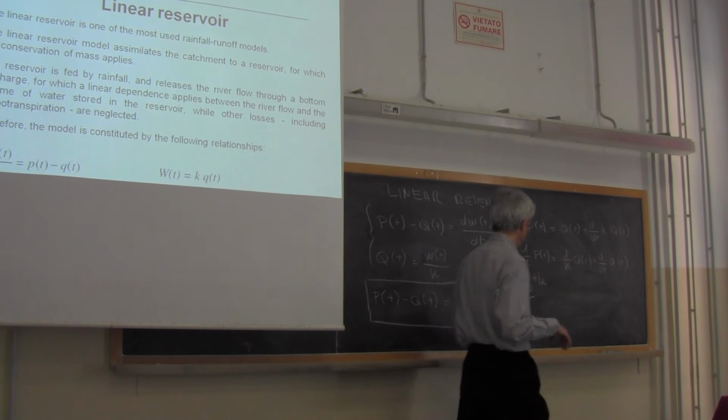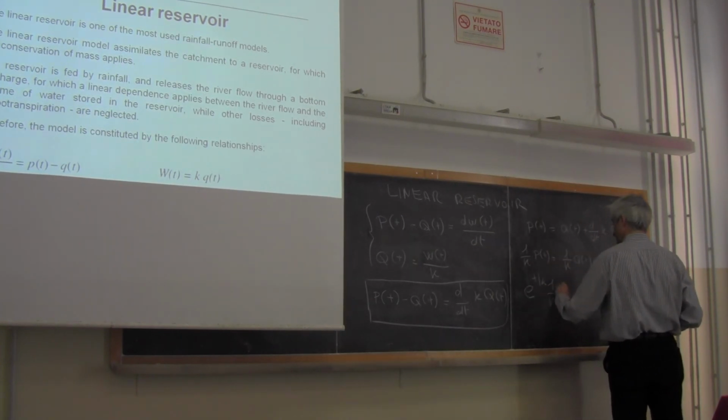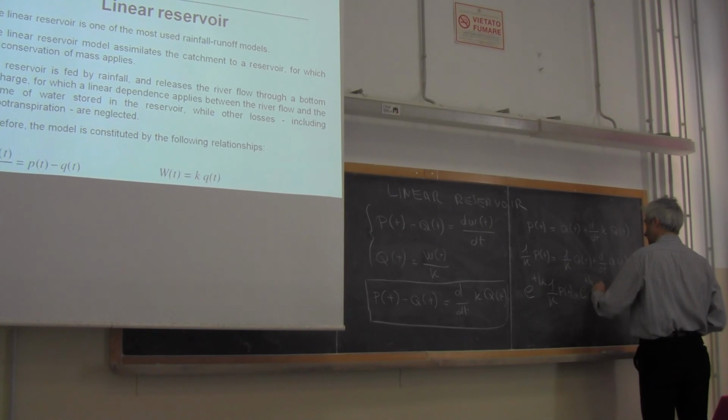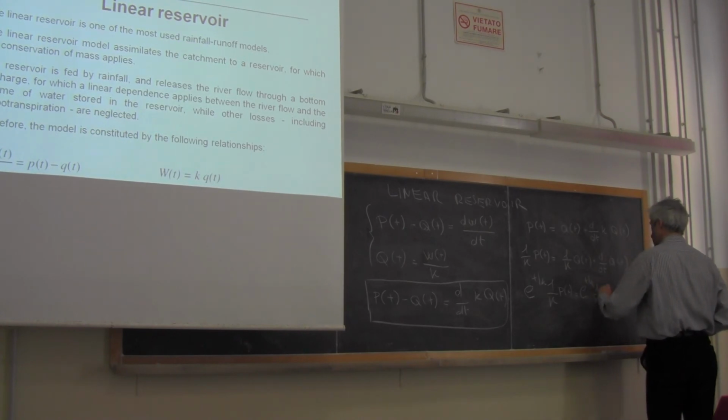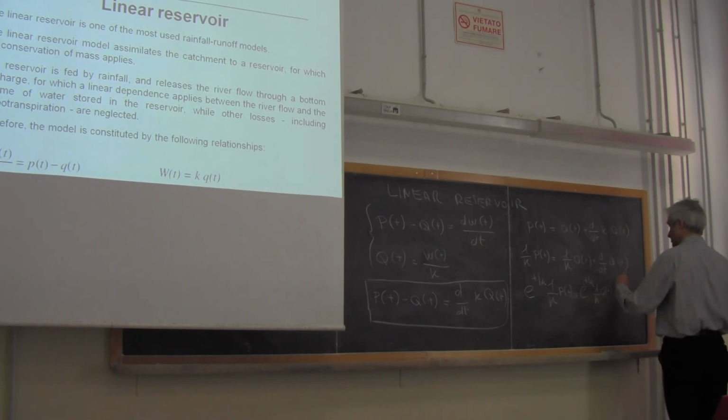Okay, so let me multiply both sides, which is equivalent to e to the power of t over k that multiplies 1 over k Q(t), plus e to the power of t over k, which multiplies the derivative with respect to time of Q(t).